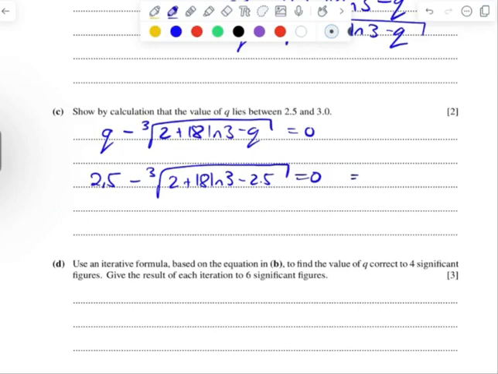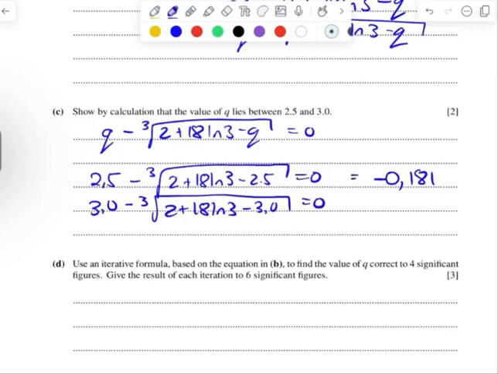That gives me minus 0.18 rather. Okay, and if I plug in 3, I'm just going to go back onto my calculator and replace all my 2.5s with a 3. And my answer is 0.34, and so what we see here is a sign change. So we know that the value is between there and there.